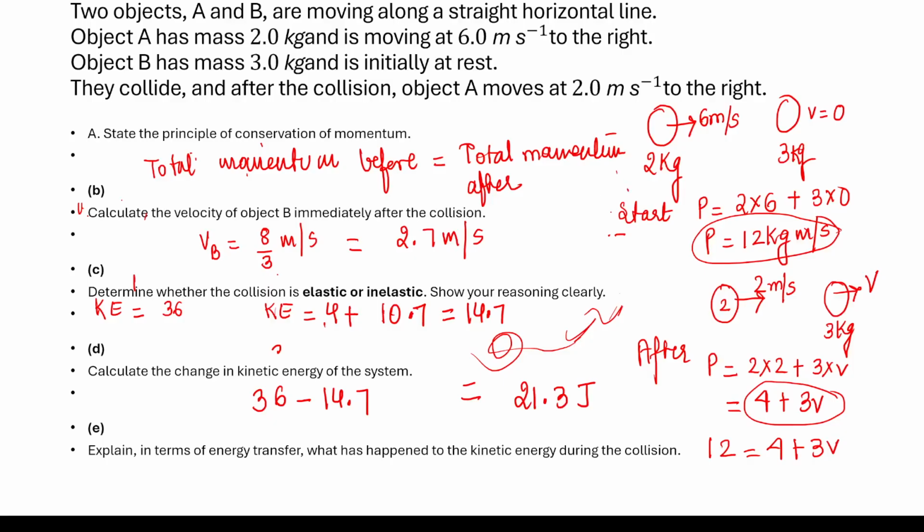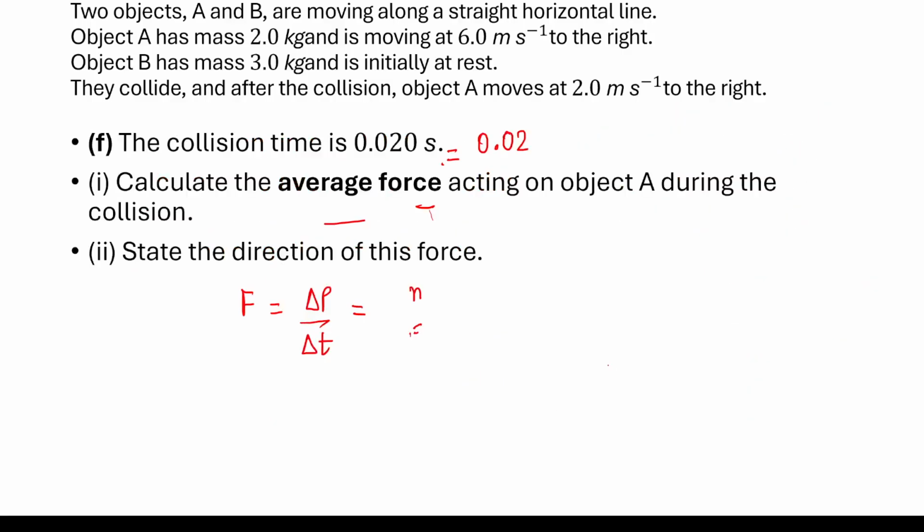Now we need to calculate only the momentum of A because it's asking the force on A. So the momentum of A starting was 12 and the momentum of A after was 4. So the change in momentum is 12 minus 4, which is 8, and the time was 0.02.